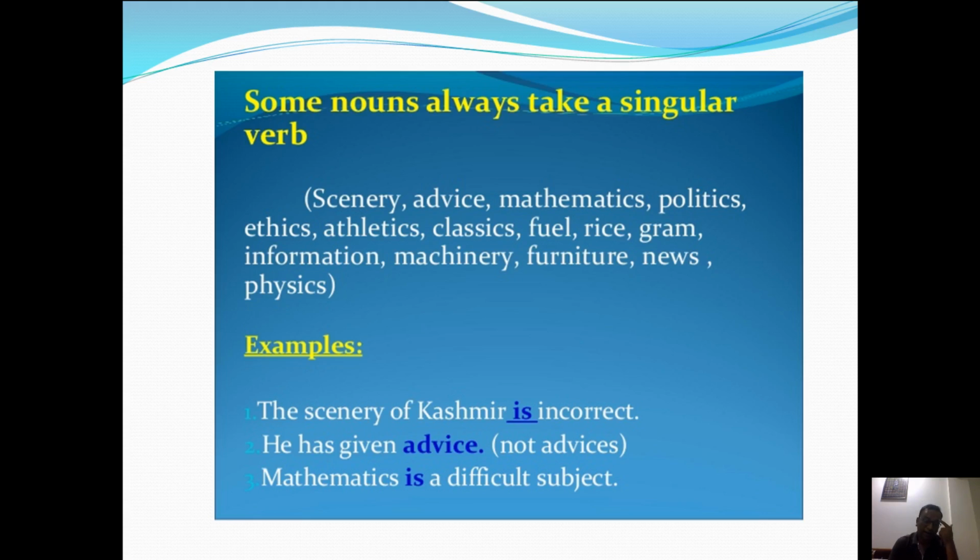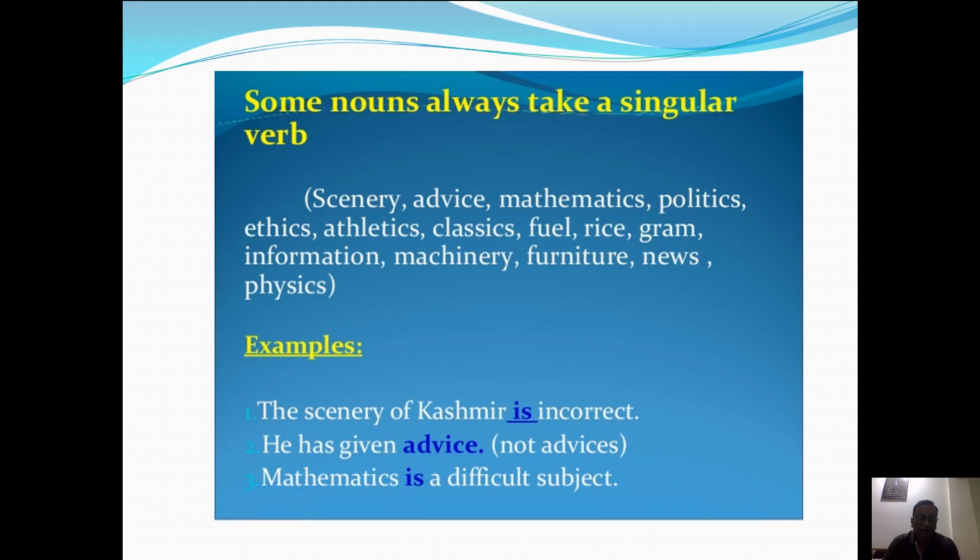Store it in your mind, and please use it whenever it is required. Scenery, advice, mathematics, politics, ethics, athletics, classics, fill, rise, gram, information, machinery, furniture, news, physics. Getting? So these are the nouns that always take a singular verb. Let's take the example.